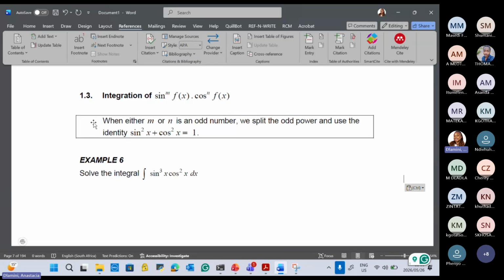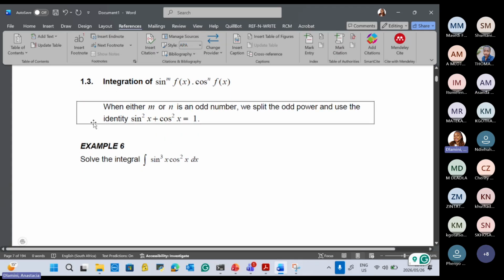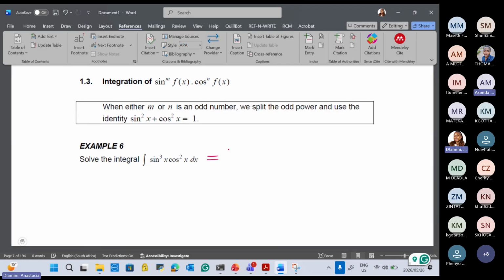Which one are we going to split, the sine or the cos? The sine, because it's the one that has the odd power. So this will be equal to the integral of sine squared x times sine of x times cos squared x dx. And then use the identity.